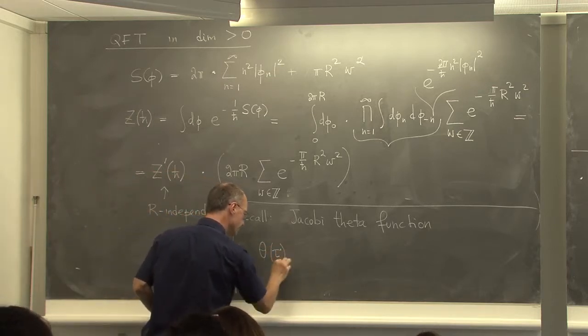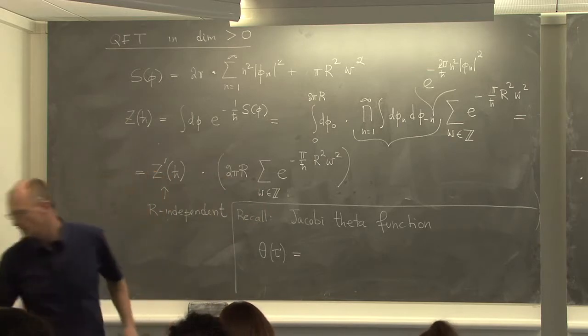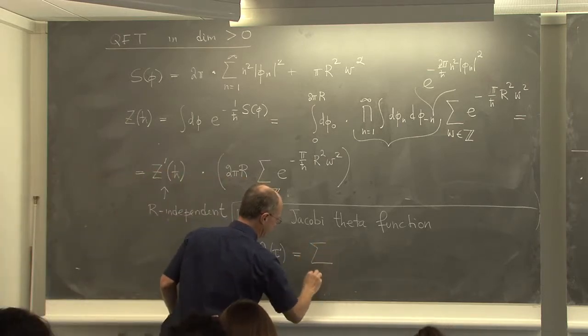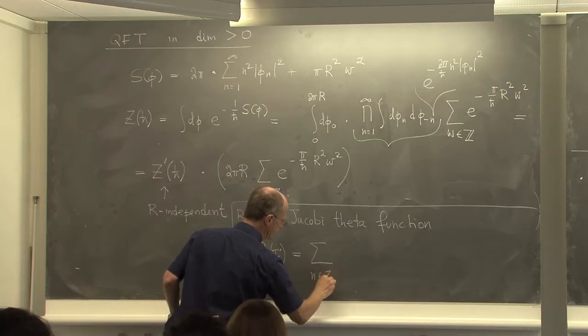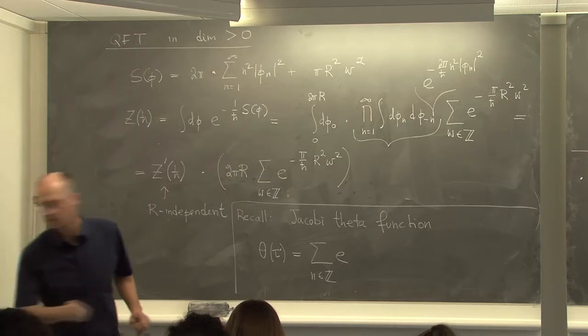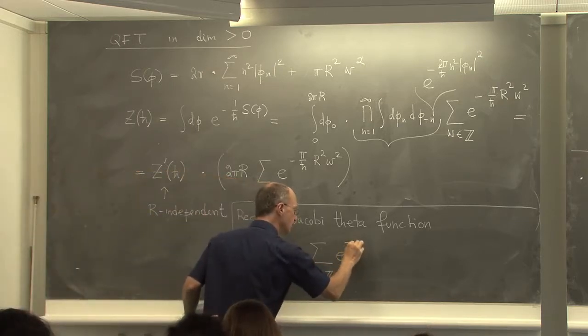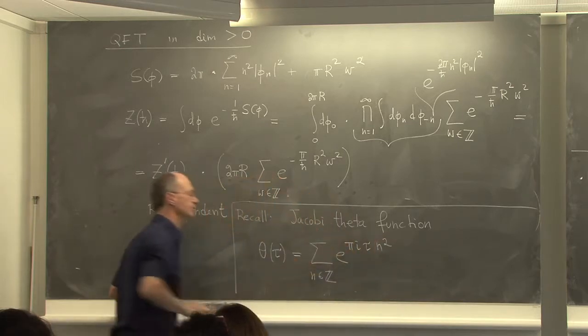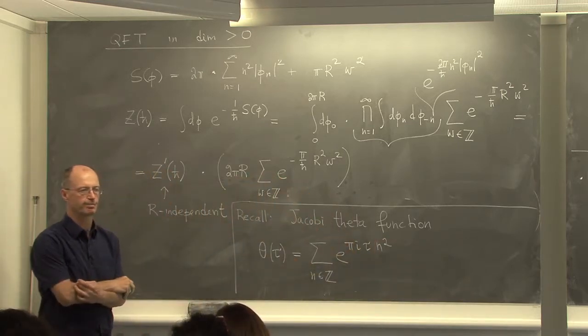So let me try to write the formula correctly. Sum over n in z of exponential of i pi tau times n squared. Right.